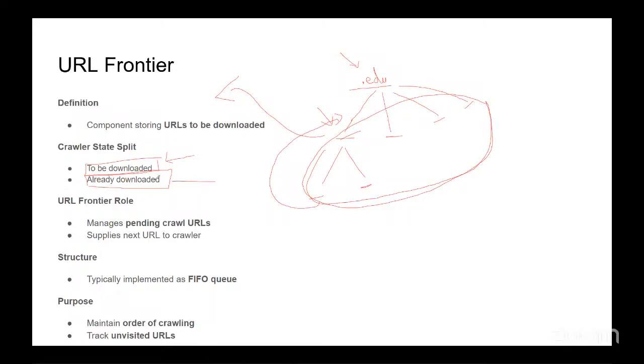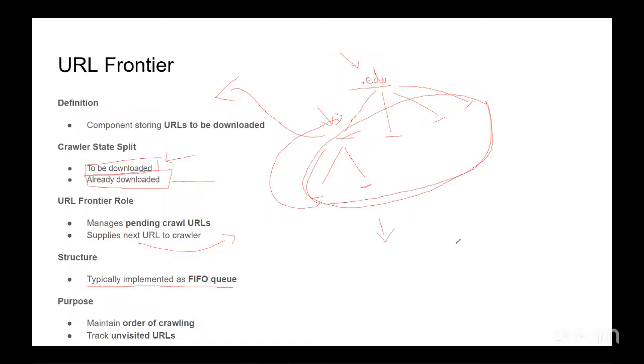And then this URL frontier manages the pending crawl URLs, and it also supplies the next URL to the crawler. It says that this is the next URL that you need to download. We also implement this as a FIFO queue, because the URL that we collected first should be downloaded first, right?